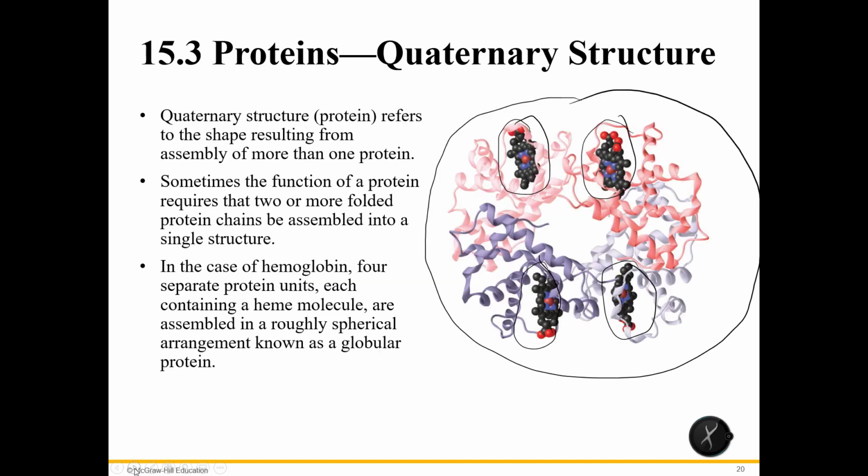And because we can combine these structures into groups of 4, this is called a quaternary structure. All right, quaternary. So they got each one of the protein structures colored differently to emphasize that. It again roughly forms a spherical structure, and the heme can attach in these 4 places.